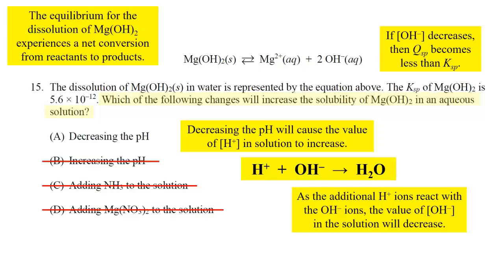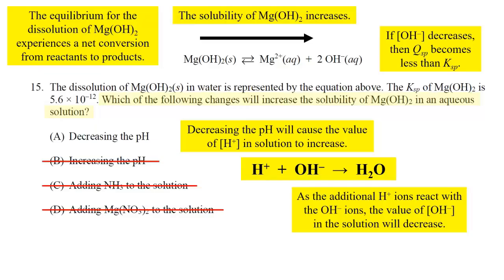There should be a net conversion from left to right, from reactants to products, and yes, this would actually cause the solubility of magnesium hydroxide to increase in the presence of an acid. So decreasing the pH would increase the solubility of magnesium hydroxide. All right, well, that is the answer to question 15, which is choice A.